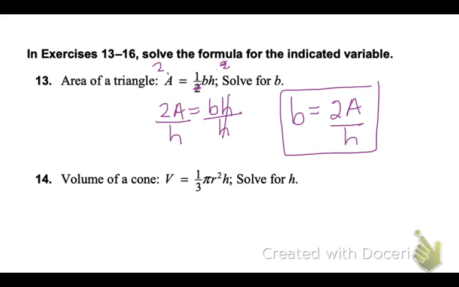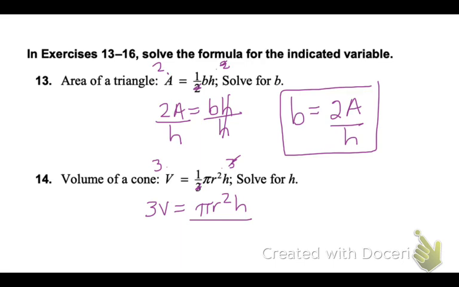So let's look at the volume of a cone. We have 1/3 times pi times r squared times h. So the first thing I'm going to do is multiply by the reciprocal of 1/3, which is the 3, on both sides. So I'll get 3v is equal to the pi r squared h.